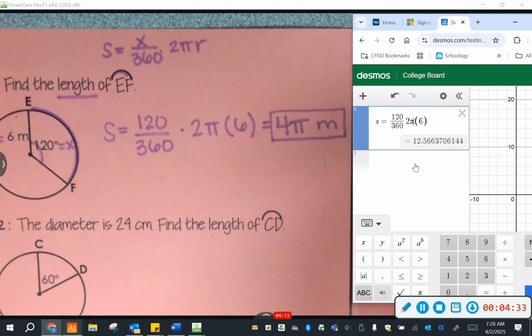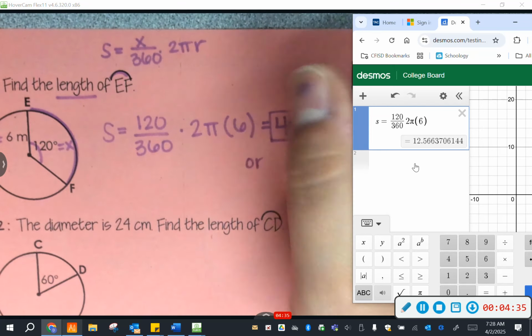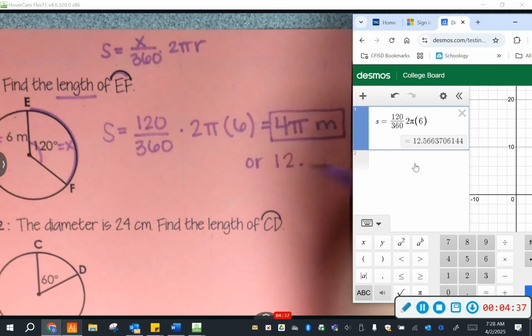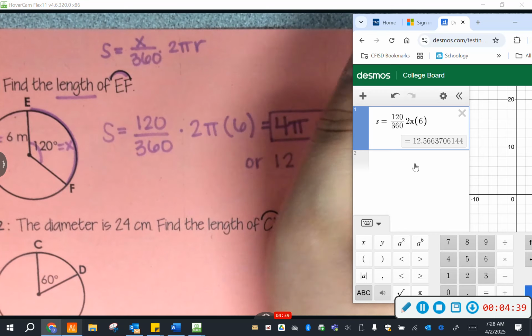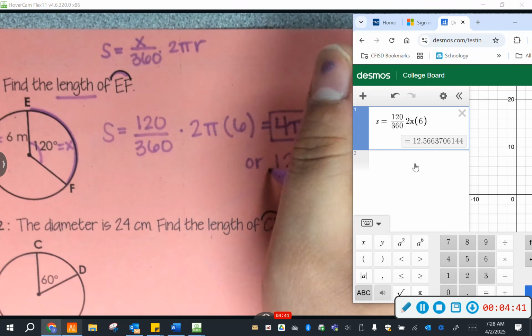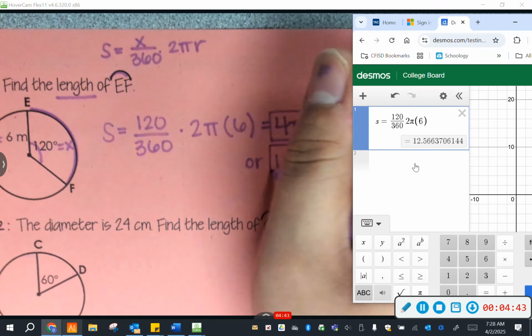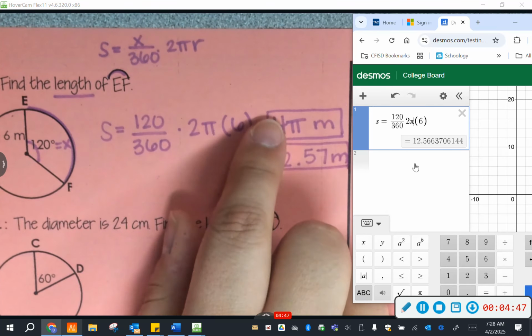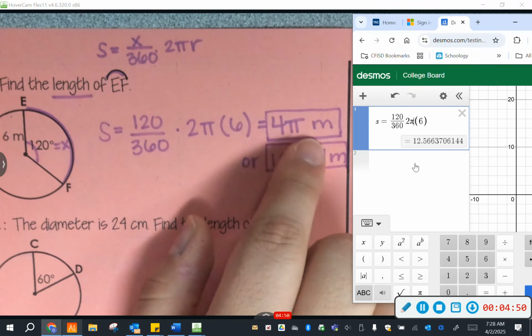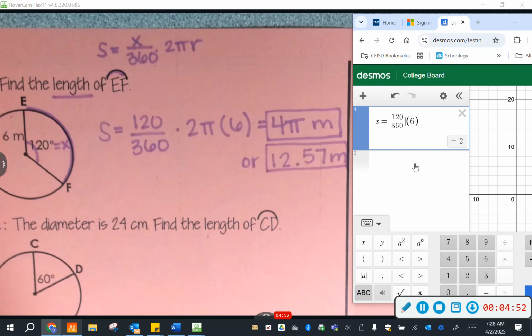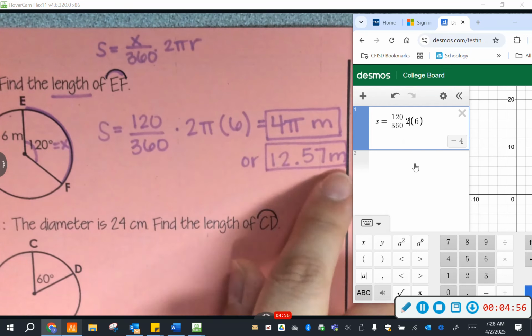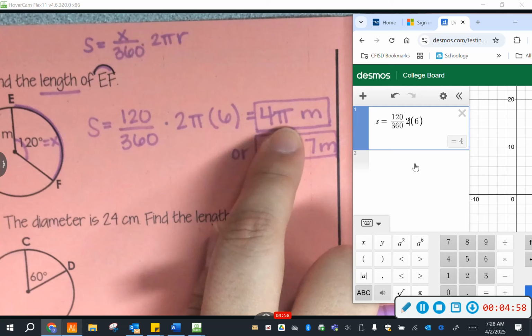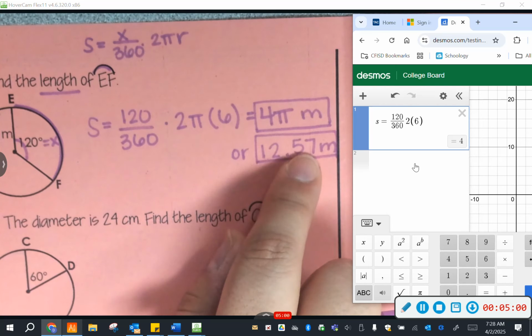But you can also give me the decimal answer of 12.57 meters. These are the same thing. Again, I'm going to prefer the top one because y'all see how pretty and clean that is? 4 pi. So I'm going to say don't put pi in your calculator. But if you don't put pi, you have to remember to put pi in your answer. And then this is the decimal.